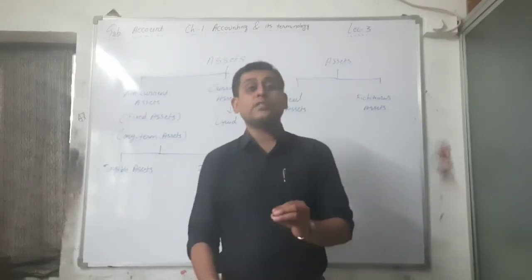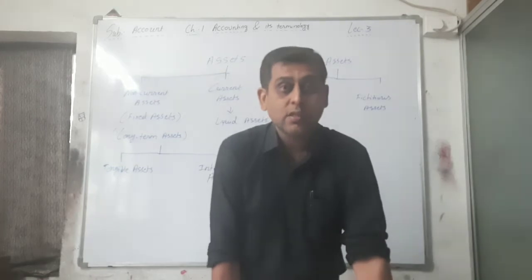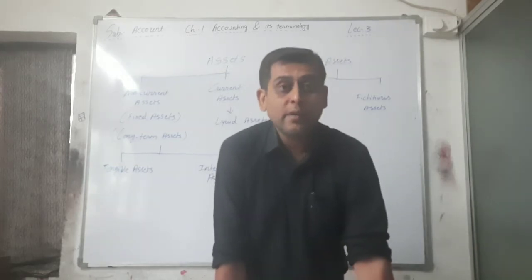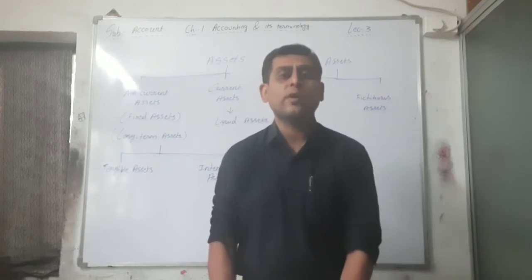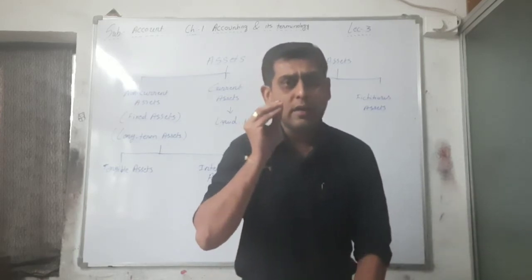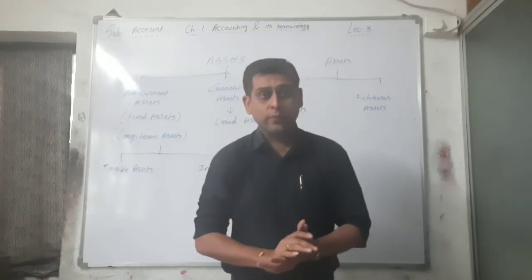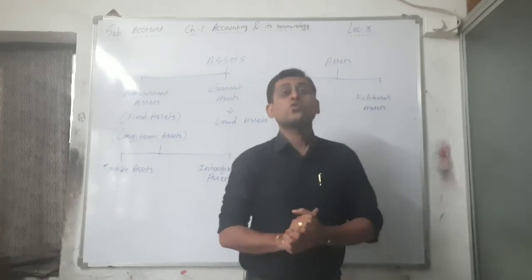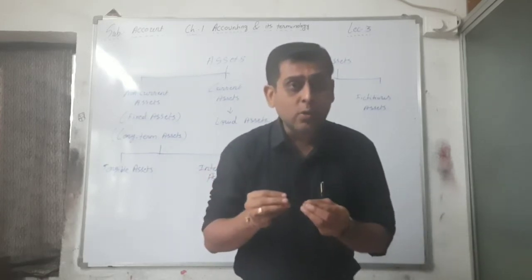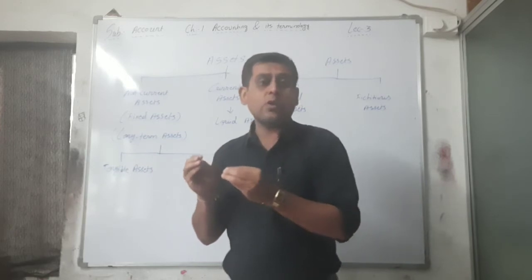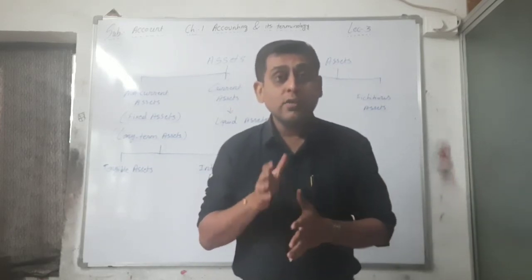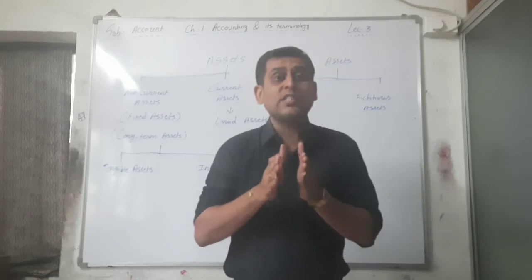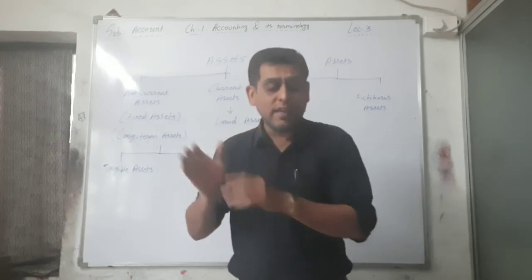From that expense, the Coca-Cola company can sell their Thumbs Up bottles, maybe 1 crore bottles, right? So the income from Thumbs Up bottles is less than the expenses. The advertisement expense is very high.